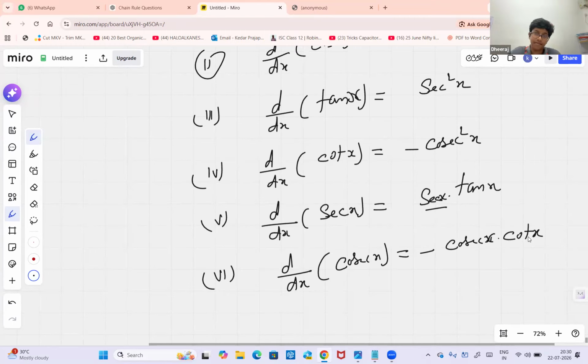So you will always get confused in this and this. That's the reason I'm writing. So d by dx of sec x is sec x tan x. And for cosecant, cosec will come and then cot will come. With cosec, sine cannot come. Otherwise, they will get cancelled and one will come.